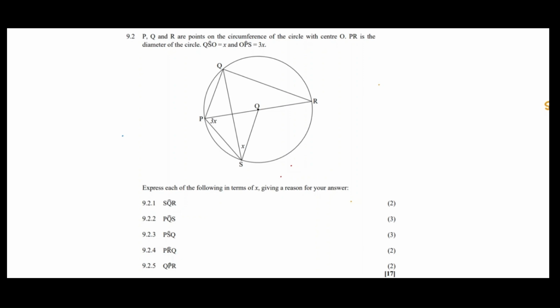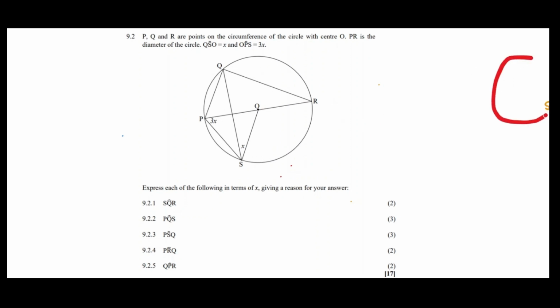P, Q, and R are points on the circumference of the circle with center O. Before you begin, it is so important to annotate your diagram. If they tell us that P, Q, R, and S are all on the circumference of the circle, we can see that PQRS is a cyclic quad.